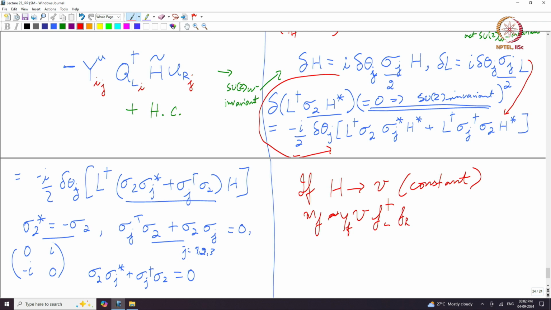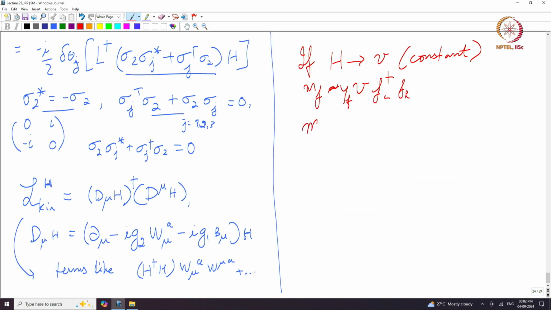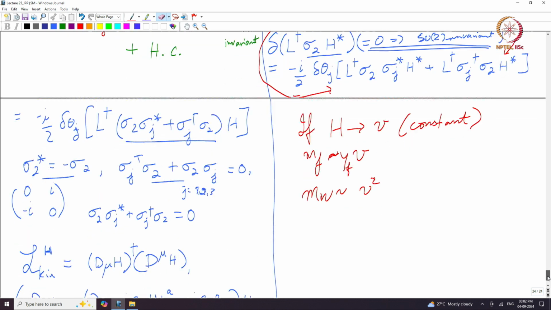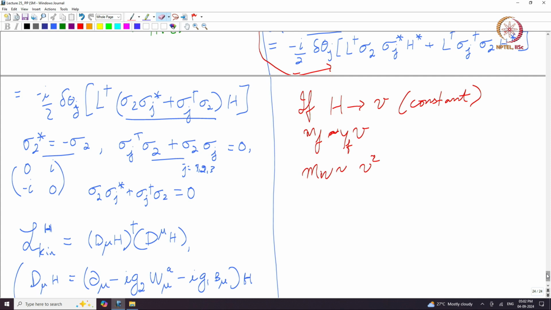And similarly, if you look at the gauge bosons, would you agree that the W also got a mass which is like V squared? This is just the mass, not the Lagrangian term, but you agree, right? Good. So that's exactly what we are going to do in a careful way, and this is exactly the basis of the Higgs mechanism.